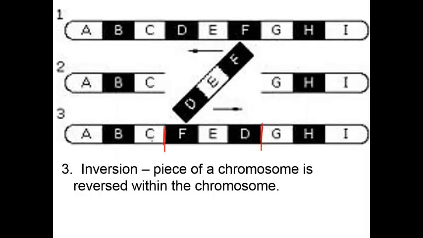So as your body is trying to read this DNA, because this is a chromosome, there's DNA inside of this chromosome, and now all the letters are going backwards. All the letters are in the reverse order. So the stop codon and the start codon, all those things are backwards now. So that can cause quite a few issues.